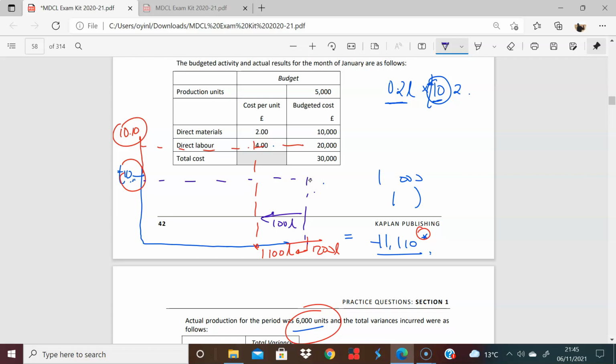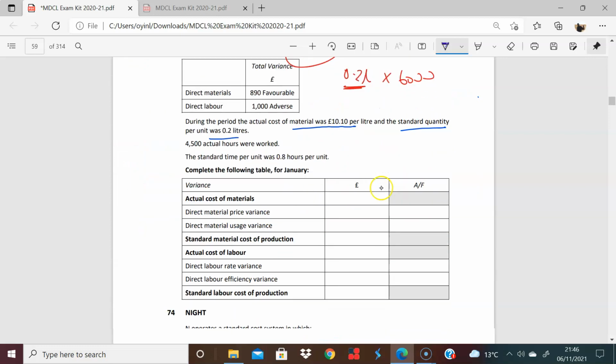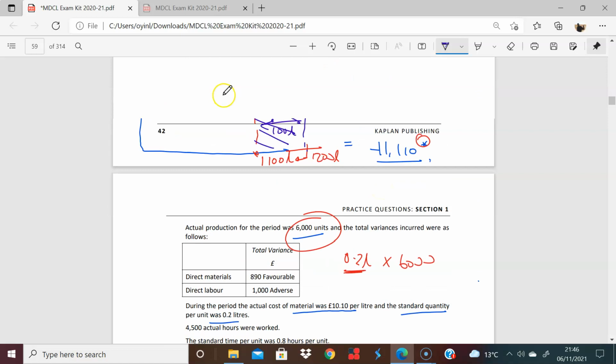And of course, the standard cost is £10. So this is your usage variance. It's favorable. So it's 10 times 100 liters, which is £1,000. So here you have for usage £1,000.